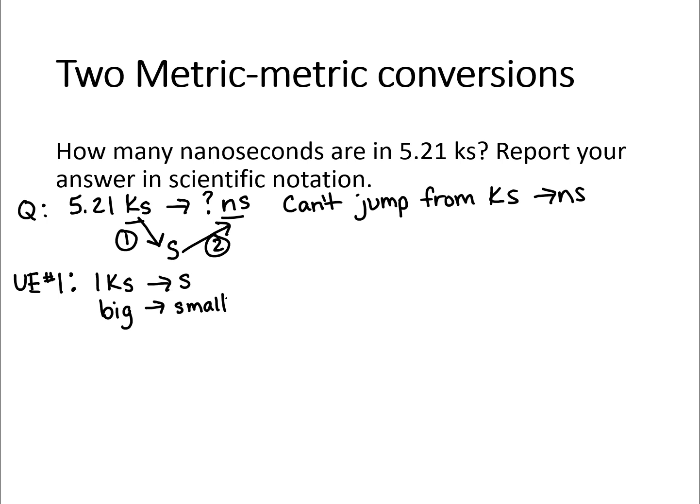If I have 1 kilosecond, is my number of seconds going to be bigger than 1 or smaller than 1? Yeah, it should be bigger. It should be a bigger number. So that means when we're writing our unit equation in scientific notation, that exponent should be positive. Using your chart, you can fill it in. So that's our first unit equation.